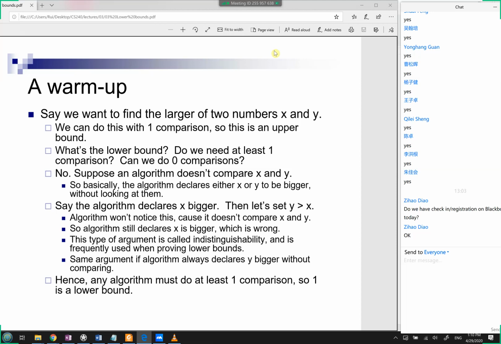That means that the algorithm is incorrect. That shows that this algorithm cannot run very, very quickly, because if it runs too quickly, it's not going to see the difference between x and y, so it's going to produce the same output, which is incorrect. So that's the basic idea. Does that make sense for everyone?